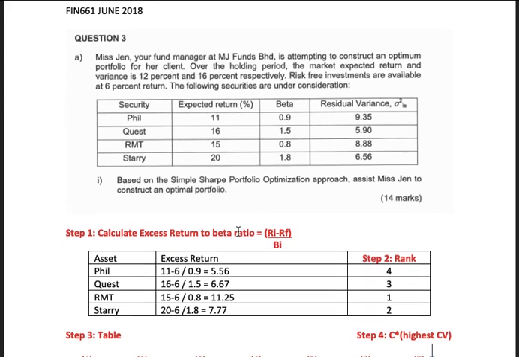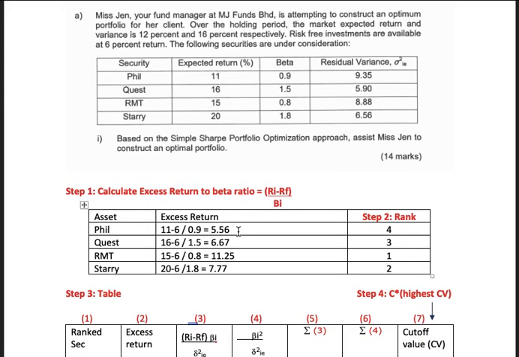To answer this question, because this one is 7 steps, we should start with step number 1. Step number 1 is to calculate the excess return to beta ratio. This is the formula to calculate the excess return: RI minus RF divided by beta I. We know that just now, given RM, what was it? 12%.